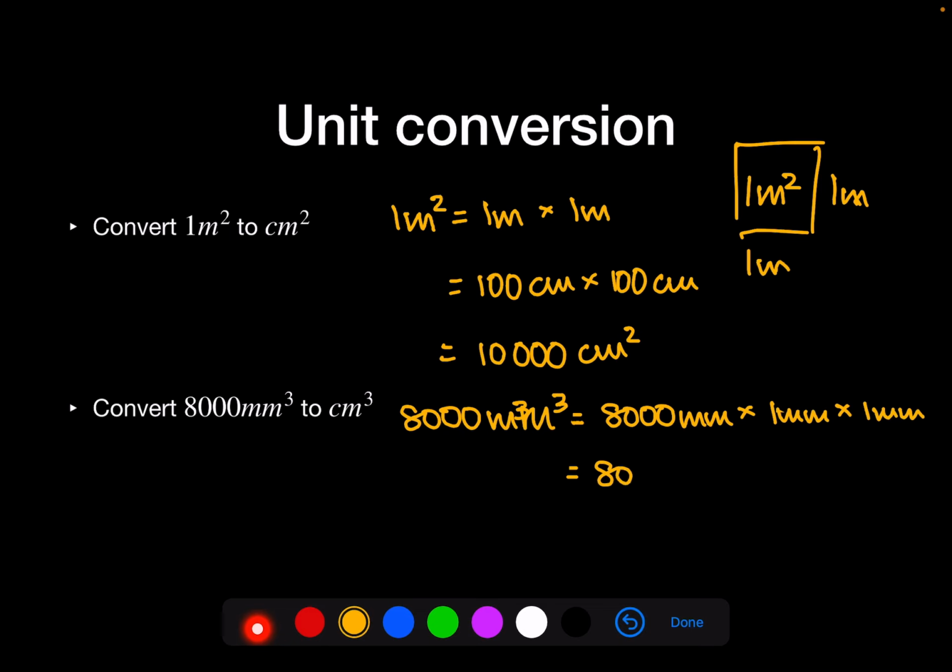So this gives us 800 centimeters. And then 1 millimeter is just 1/10 of a centimeter. So we have 1/10 of a centimeter, and then 1/10 of a centimeter again. You can either plug this into a calculator or you can do it by hand. But finally, you will get that the answer is 8 cubic centimeters. So we know that 8,000 cubic millimeters is equal to 8 cubic centimeters.